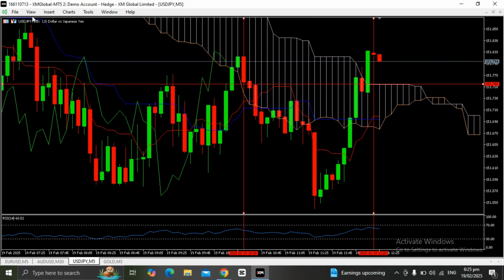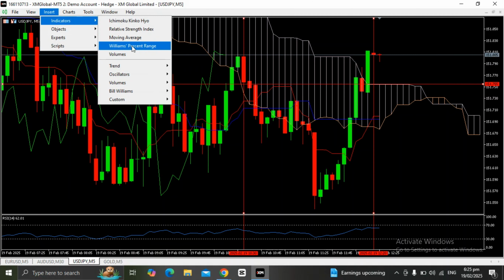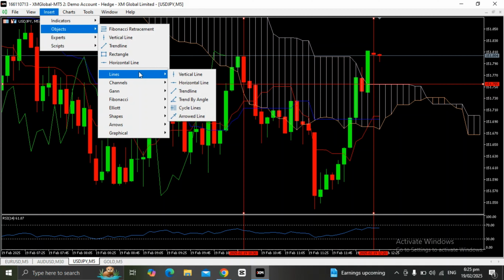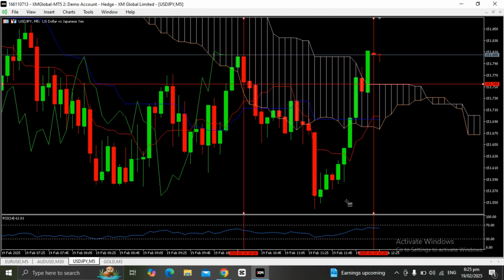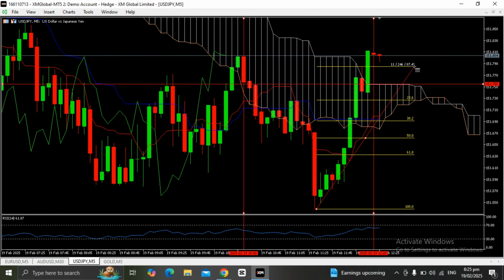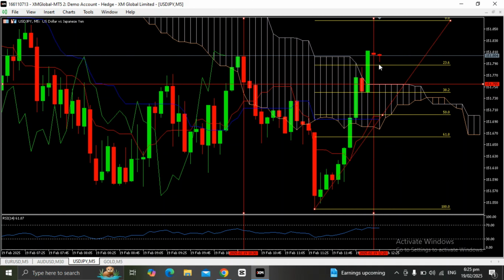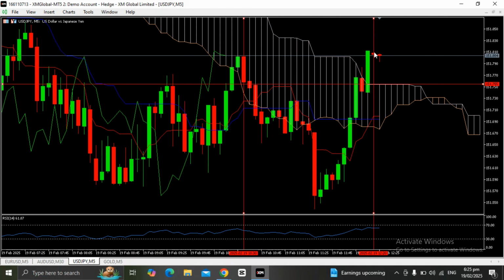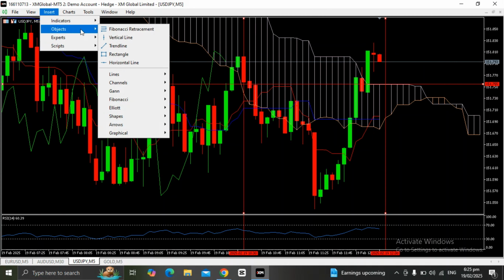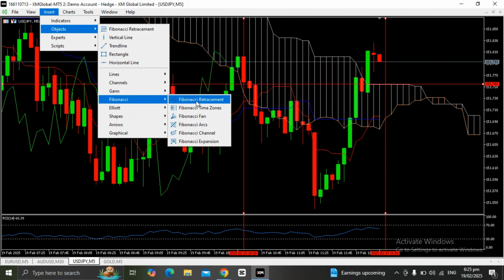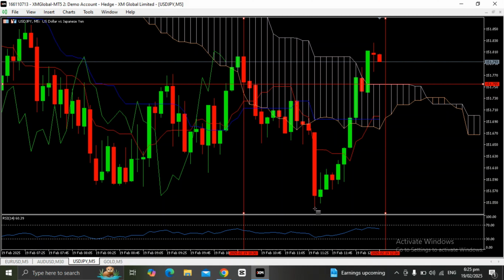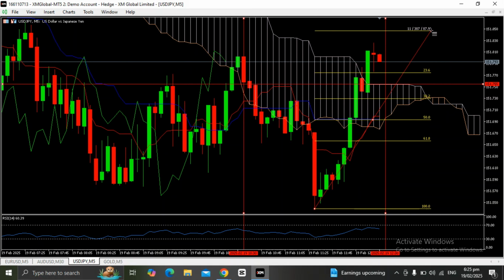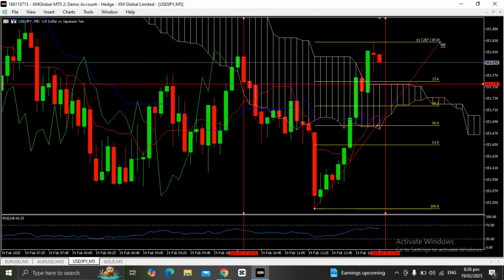If you also employ a Fibonacci, sorry, just moving a little bit so that I can see where my Fibonacci should end up. So you put it here and then you put the top one here.